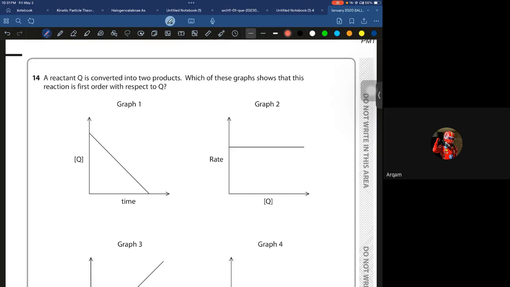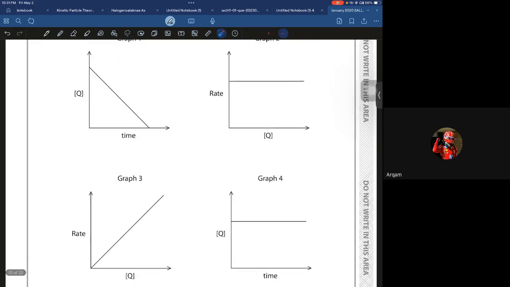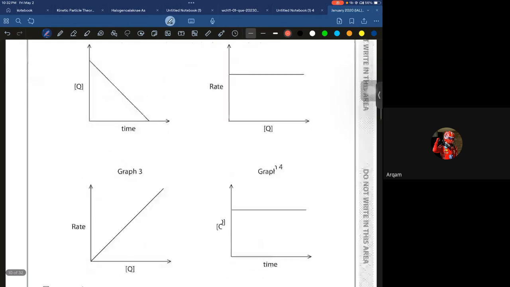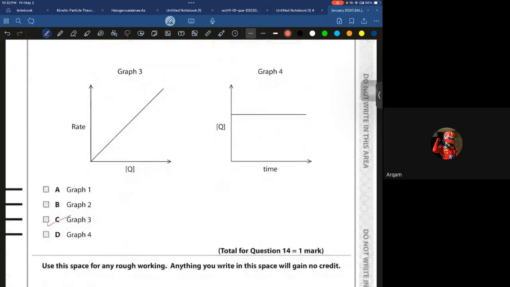Remember, when the concentration is doubled, the rate of reaction would be doubled. In this line, when the concentration increases, the rate increases. So that's why graph 3 is correct. So option C, very simple.